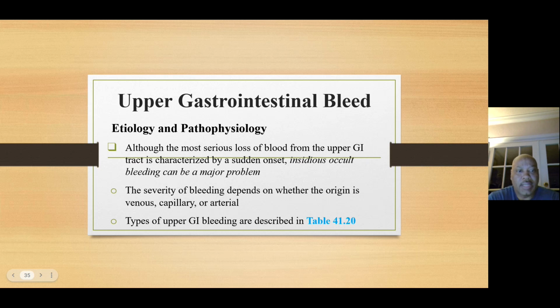Now, as far as the stomach and duodenal origins of the upper GI bleeding, peptic ulcers can occur due to the H. pylori infection and also use of NSAIDs. And these are the most common causes of upper GI bleeding.